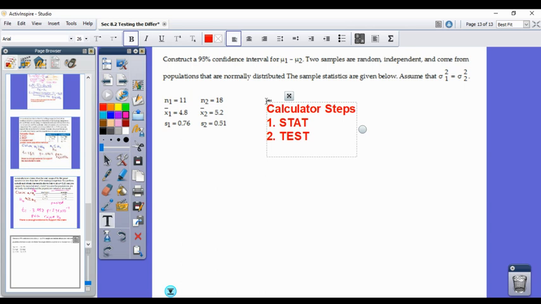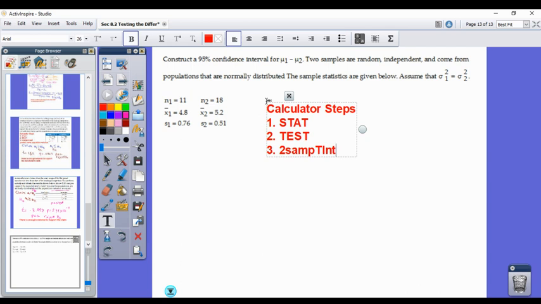And then you're going to go to 2-SampTInt. Okay? What that stands for is 2 sample t interval.